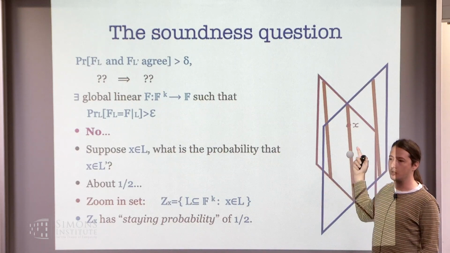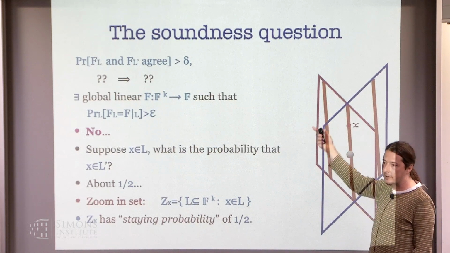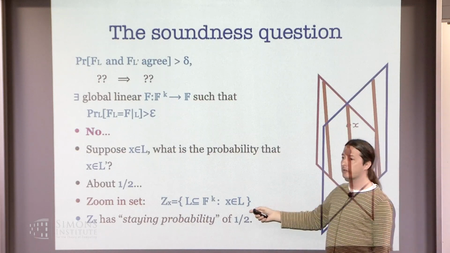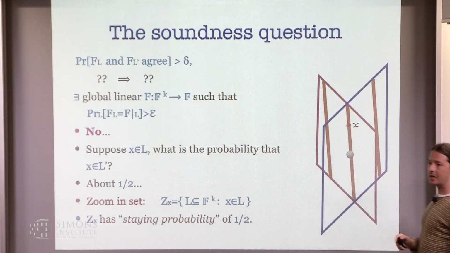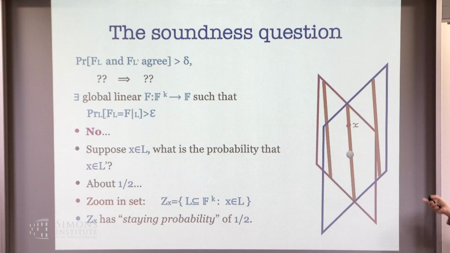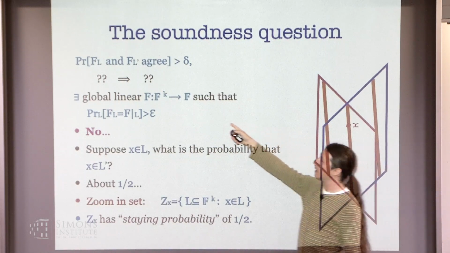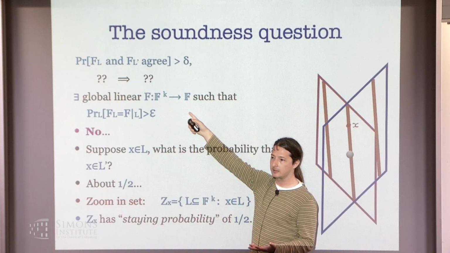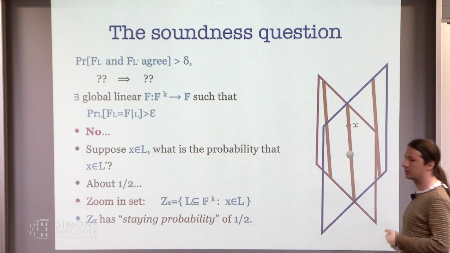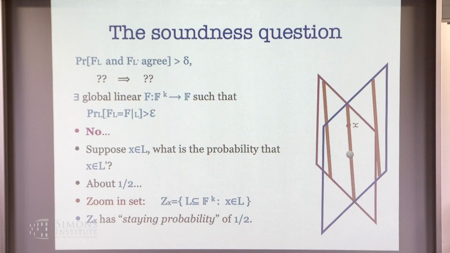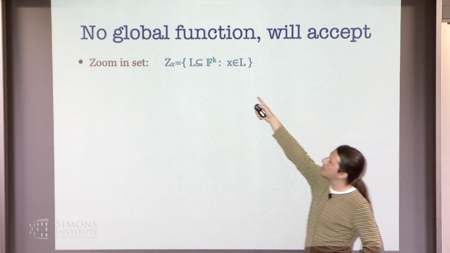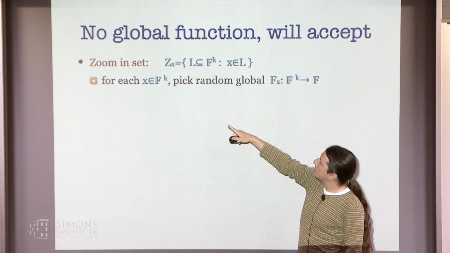So we took the test, we used it to define a graph, and I just told you that this graph is not expanding, and that's actually the reason why I can construct an assignment that satisfies delta fraction of the tests, but is not global. And the way to do it is, here's the zoom-in set again.